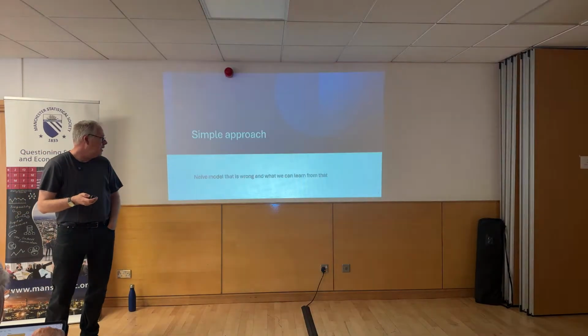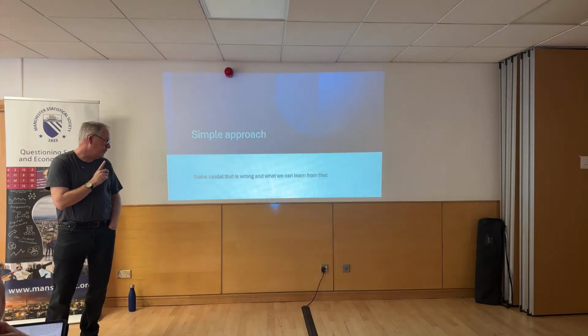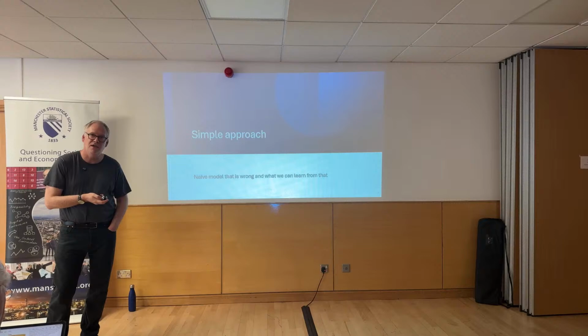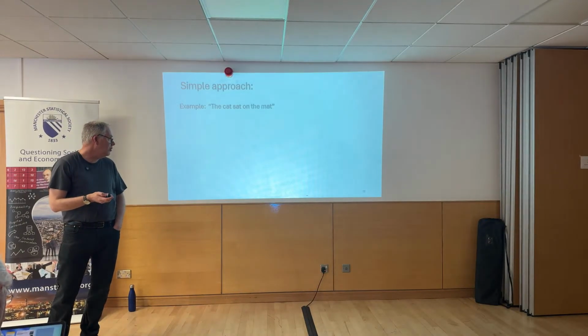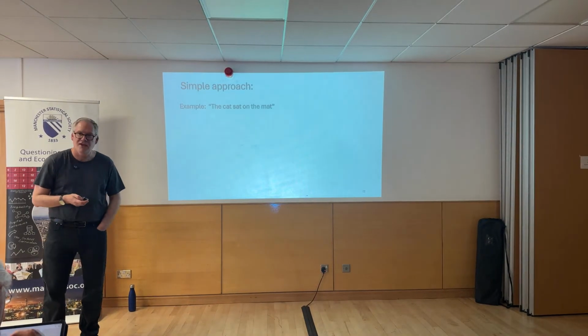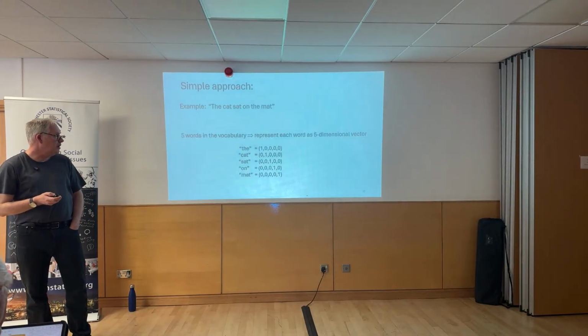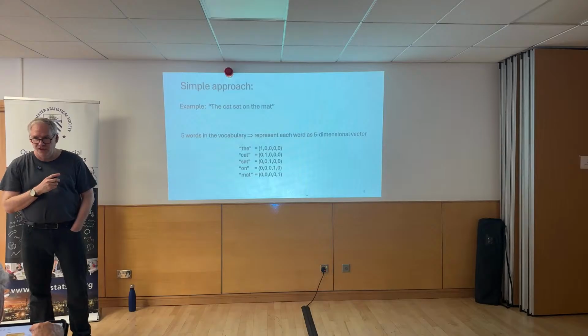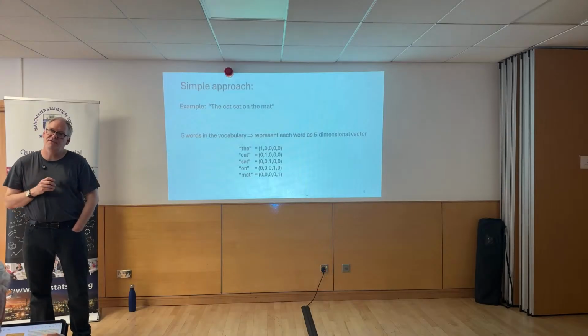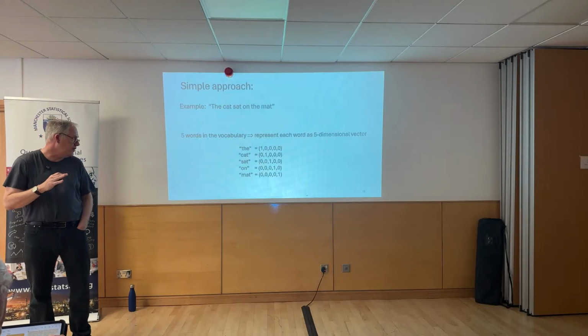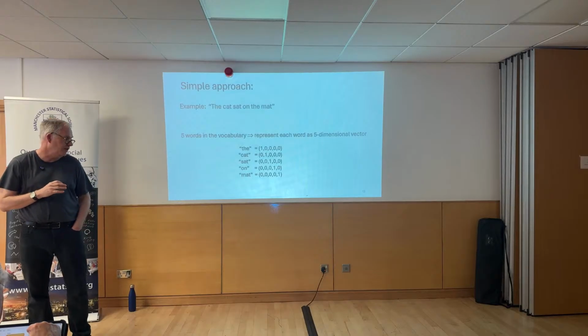Right. Let's take our task of next word prediction and let's try a very simple, naive approach. So I've got my starting sentence again. The cat sat on the mat. Now, if I were modeling just that sentence, you'll see in that sentence there are 5 distinct words. So I've got a vocabulary of just size 5.